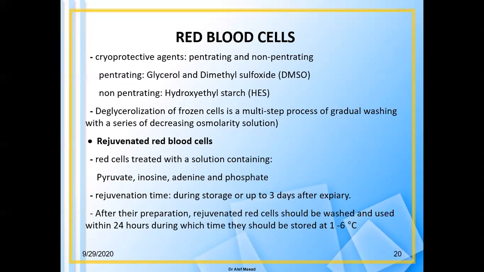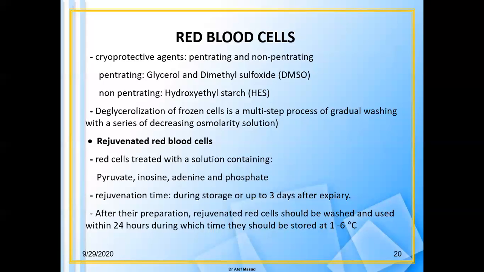which penetrated the RBCs. So we will have rejuvenated RBCs, which are cells treated with a solution containing pyruvate, inosine, adenine, and phosphate. In the frozen RBCs we have glycerol, and we have the components that we use in the anticoagulant and preservative solution present in the blood unit bag.